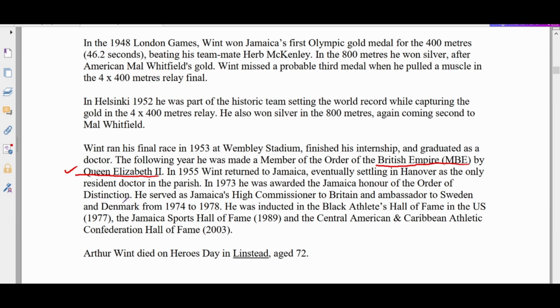I guess that's OD. He served as Jamaica's High Commissioner to Britain and Ambassador to Sweden and Denmark from 1974 to 1978.